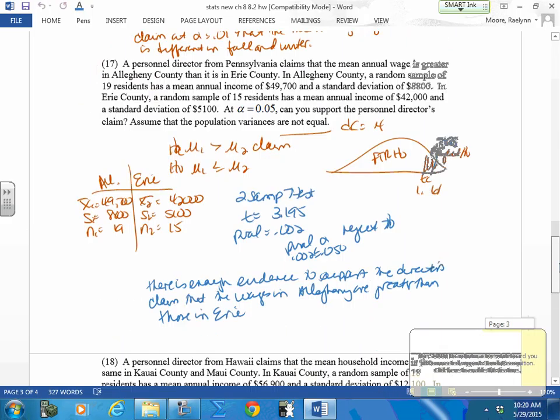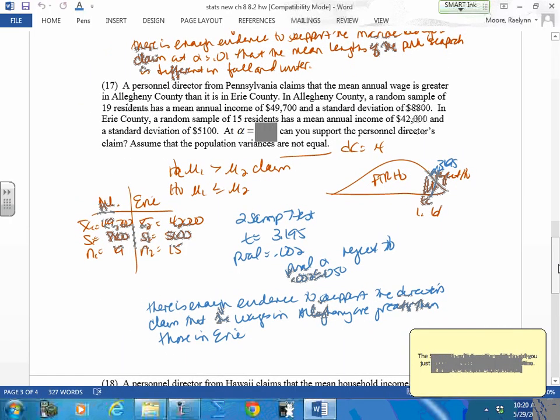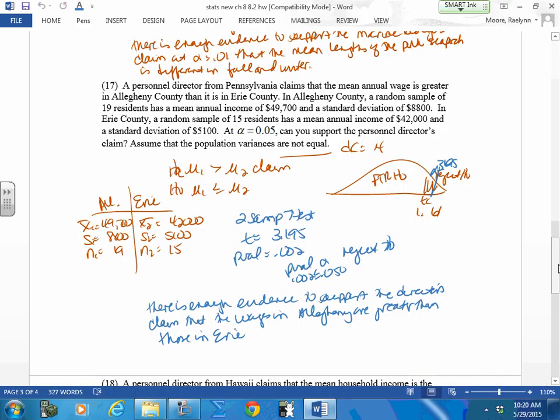I lost my touch. That's a 3.195. That says 3.195. Yeah, I got. So did you use a t-test? Just to have it in your calculator? So you have, oh, that's 49,700. 88, 19, 42, 51.